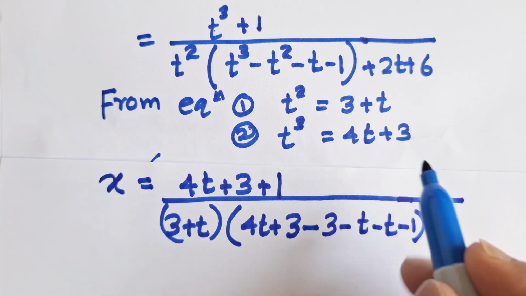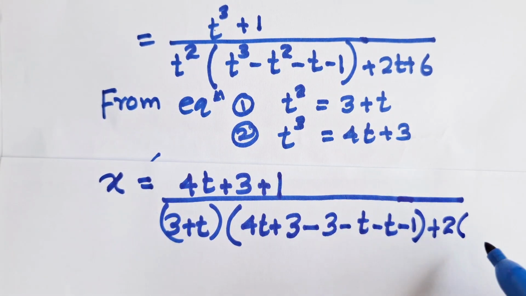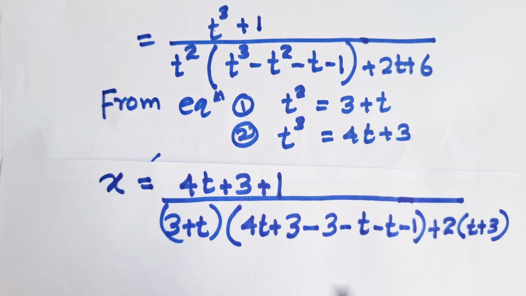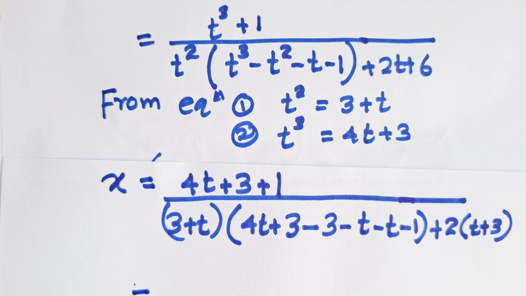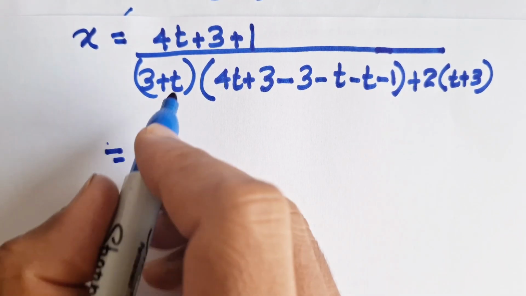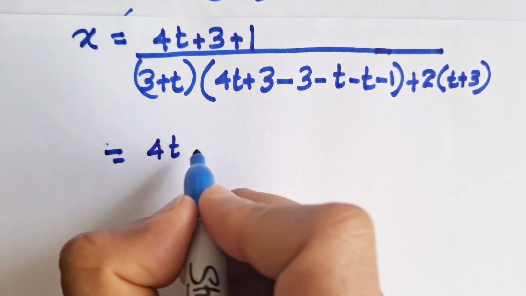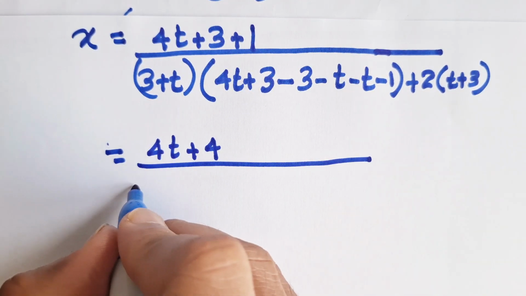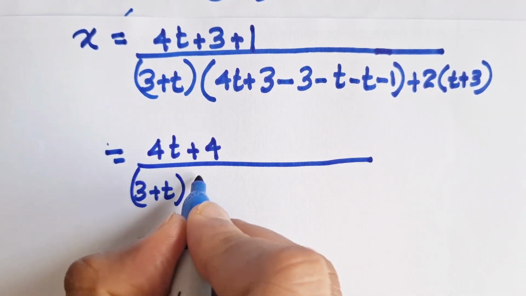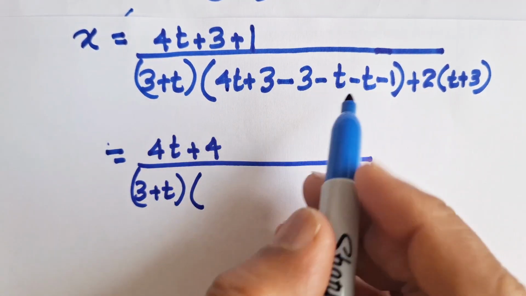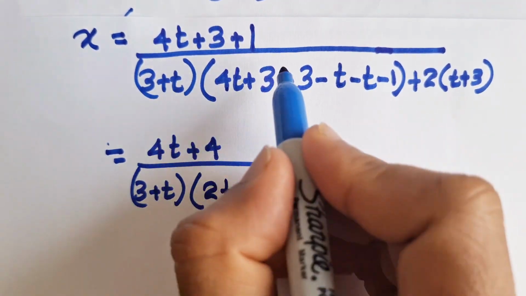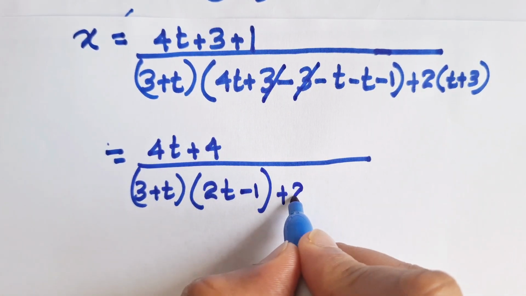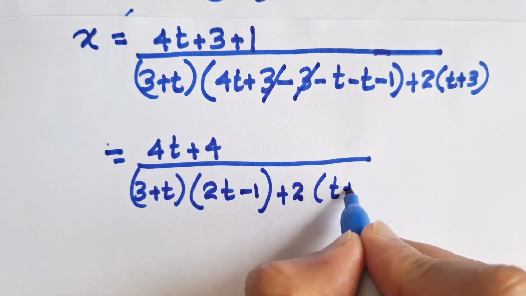And again here 2 is the common factor. I'm going to take out the common factor 2, 3 plus t. Simplify further. Here we have 4 times t plus 4 over 3 plus t times, 4 times t minus t minus t, 2 times t plus 3 minus 3 going to be cancelled, and here we have minus 1 plus 2 times t plus 3.